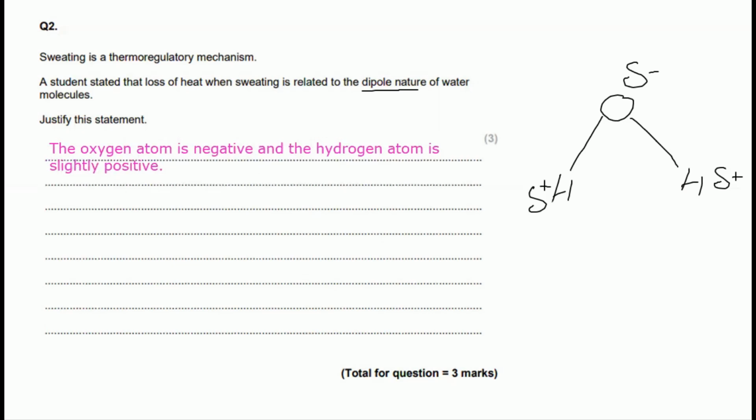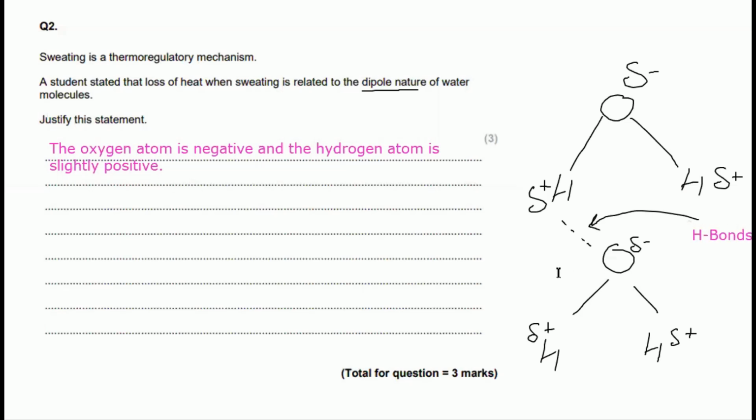Well, that means that my next oxygen atom is going to be attracted to the hydrogen on a different water molecule. And of course, you guys should know this means that we form hydrogen bonds. What have I done there? Bit dodgy. So let's do another hydrogen on this one. So what we're really looking at here is a hydrogen bond, and it's this dashed line between two water molecules that is the hydrogen bond. And these bonds require lots of energy to break.